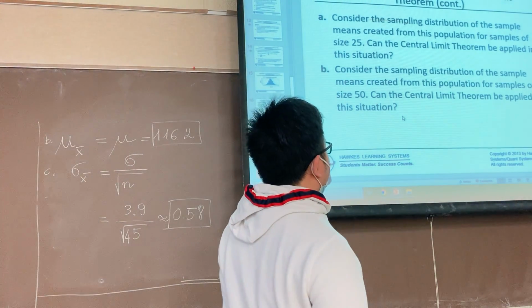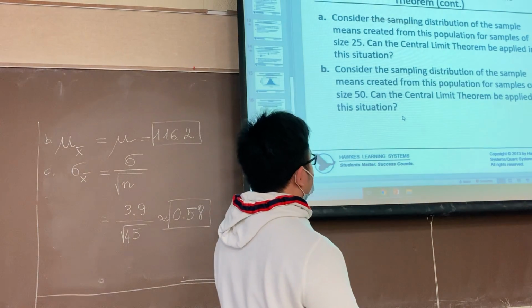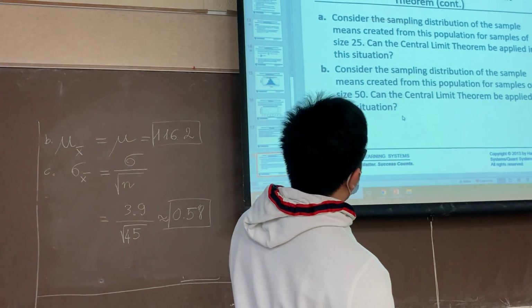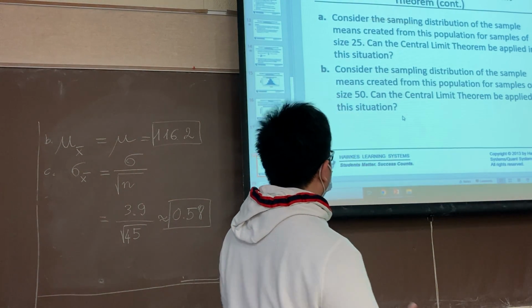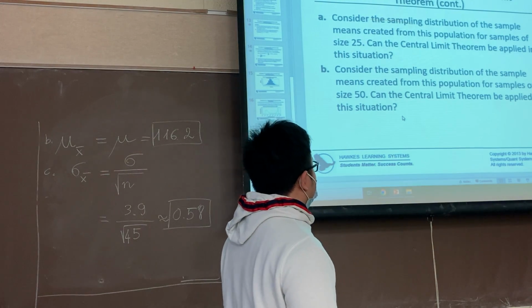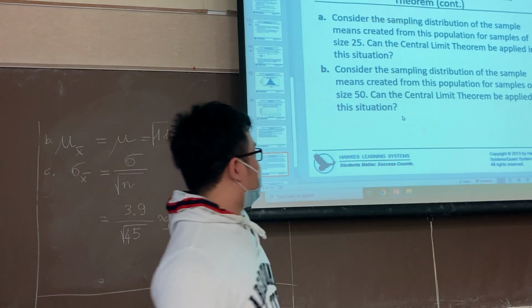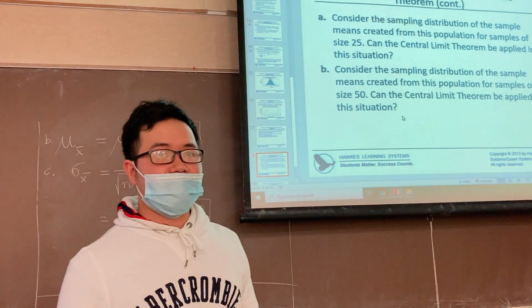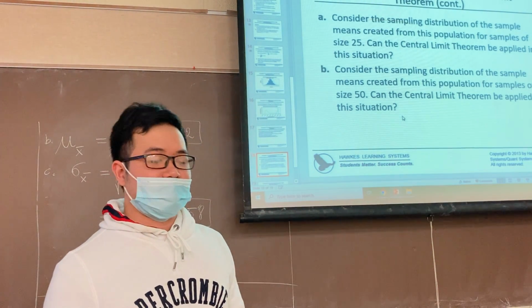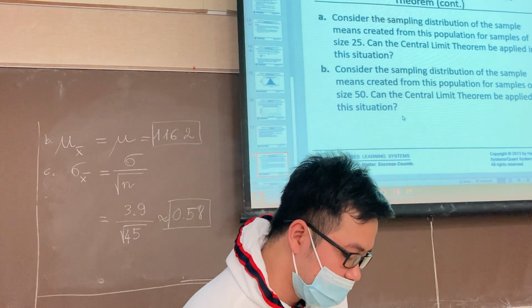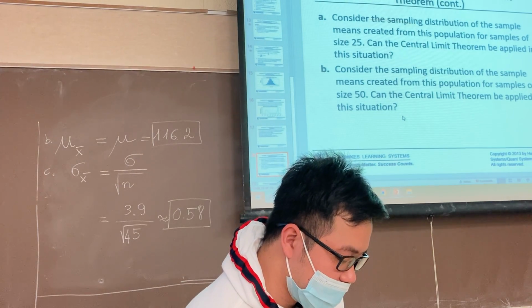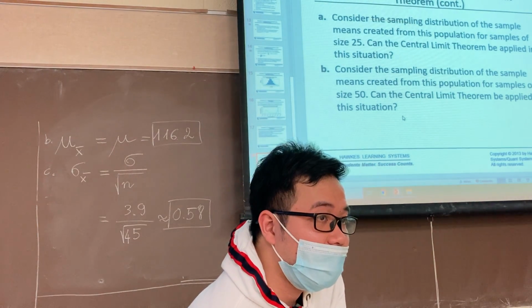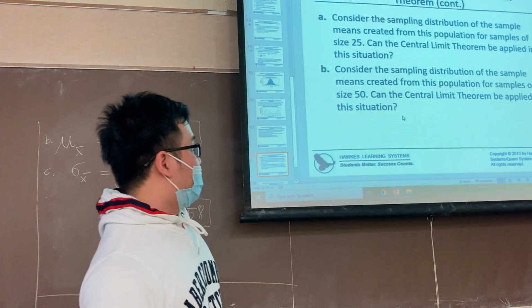And what about B? Consider the sampling distribution of the sample mean created from this population for a sample size of 50. Can the central limit theorem be applied in this situation? No, because it's not a normal distribution. Thank you.